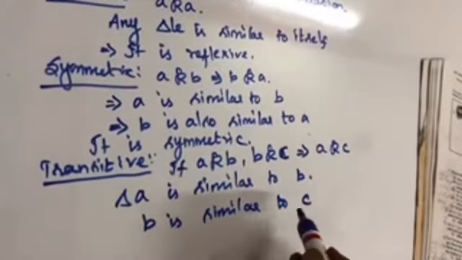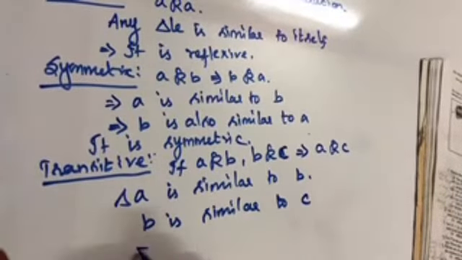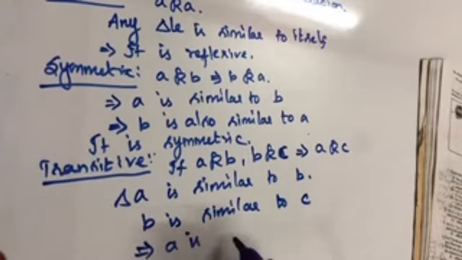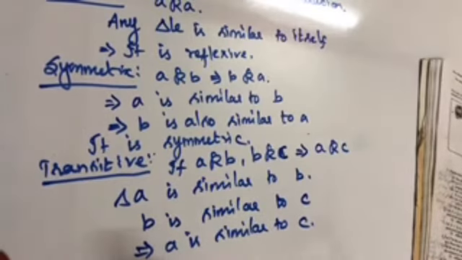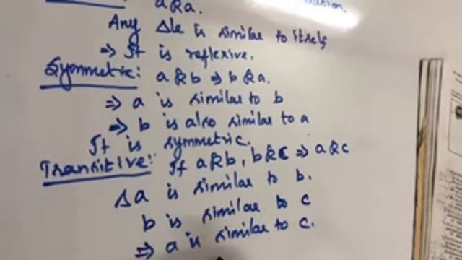B and C are also similar. That implies A should be similar to C. So, it is transitive.